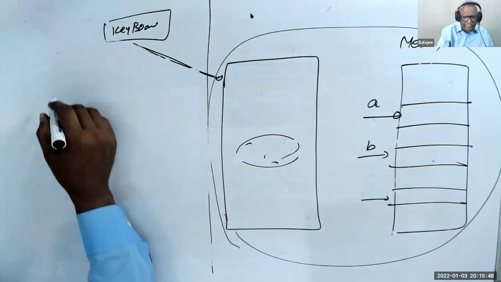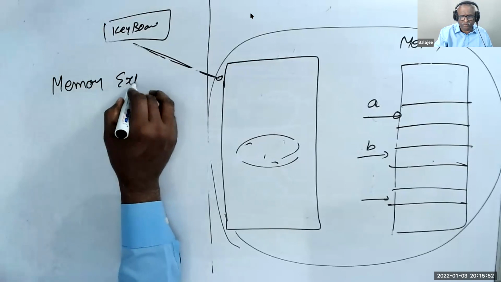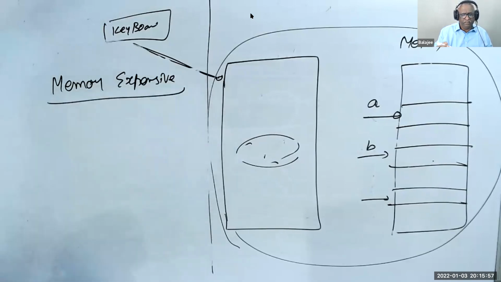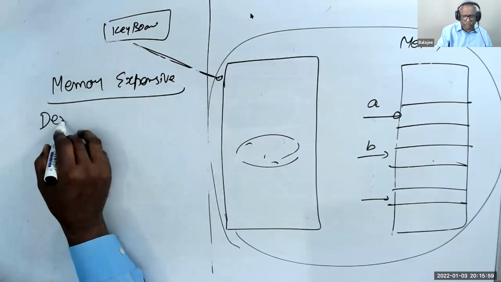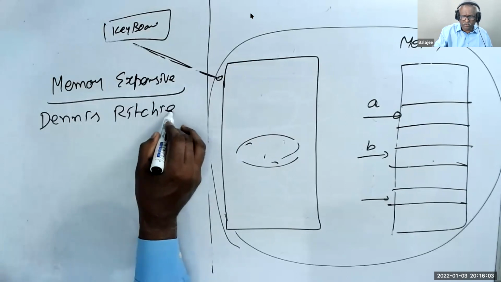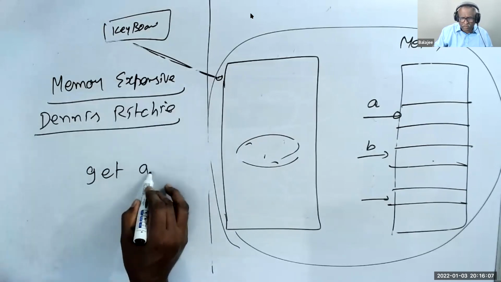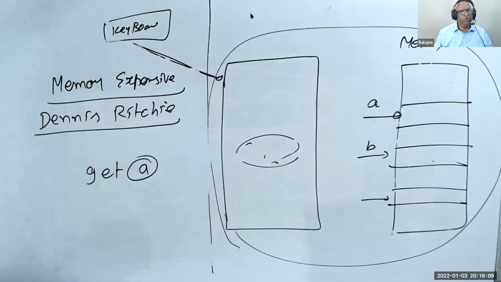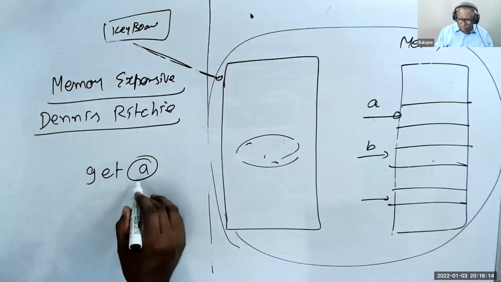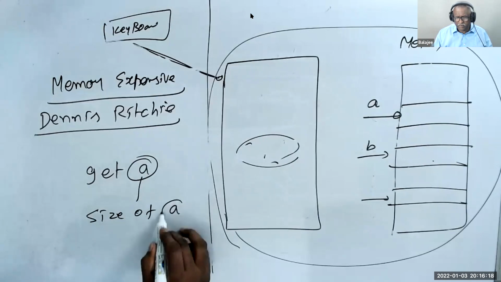since the memory was very expensive, our great man, Dennis Ritchie, said, you say get A, that is not sufficient. You tell me what is the size of A?